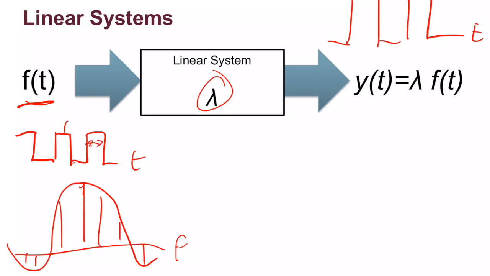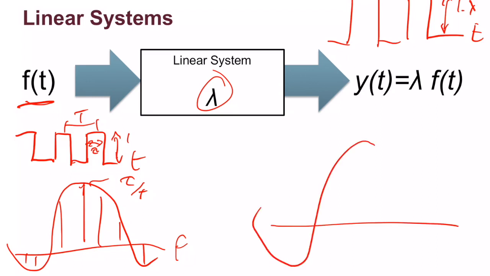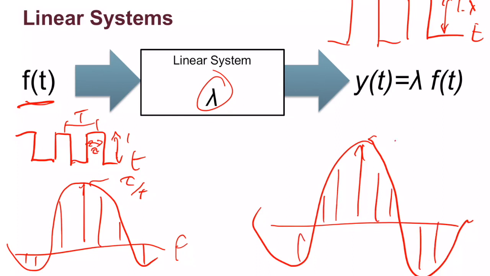If we assume that we have our period T and our pulse width tau, we'll have a maximum amplitude of tau on T. So we're assuming that our amplitude, which we'll call 1 here, is going to be 1 times lambda, our scaling factor here. Quite simply, we're just going to get a scale in amplitude. So we will have exactly the same spectrum, but now we'll just get lambda tau on T.